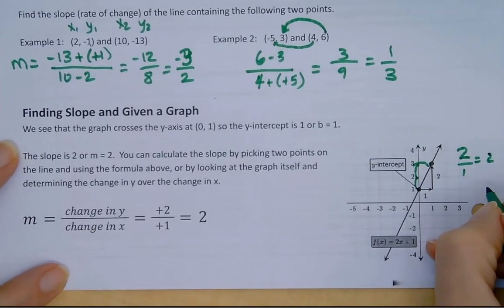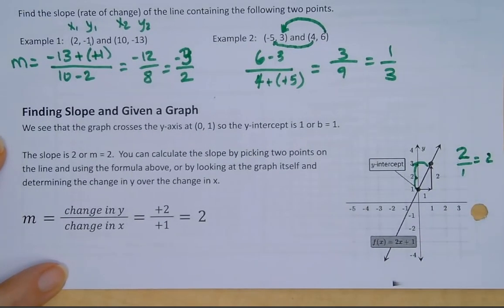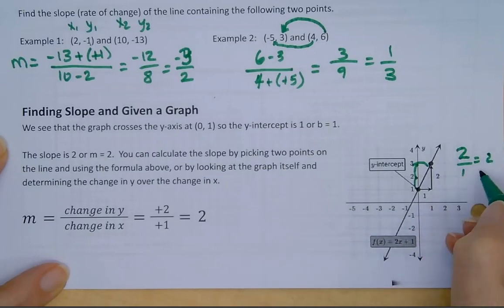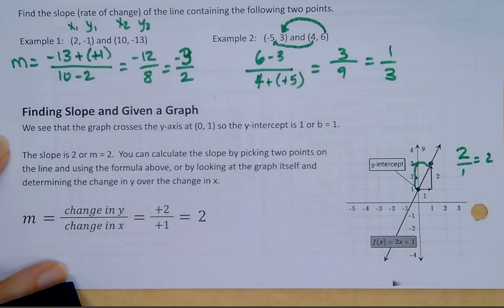My slope is 2 there. Change in y over change in x. I also always look at my graph. This is a positive slope, so I'm expecting my number to be positive. If it had been a negative slope, I would have had to go down some number and then over some number. So just make sure your answer is positive or negative as you expect it to be.